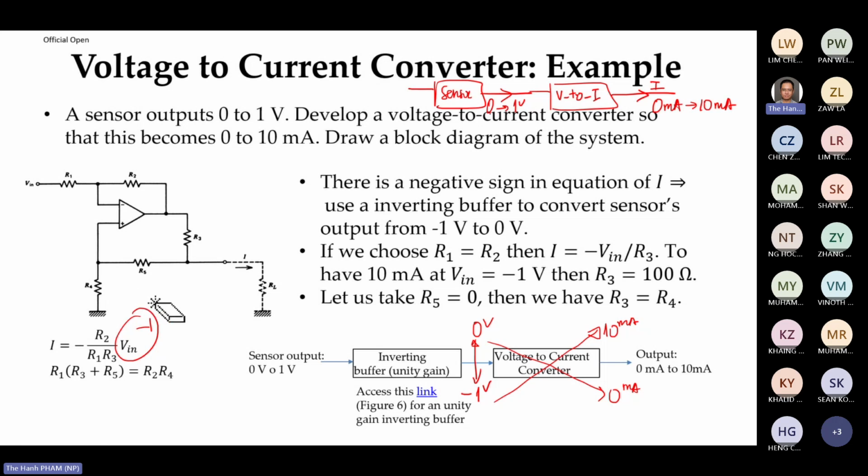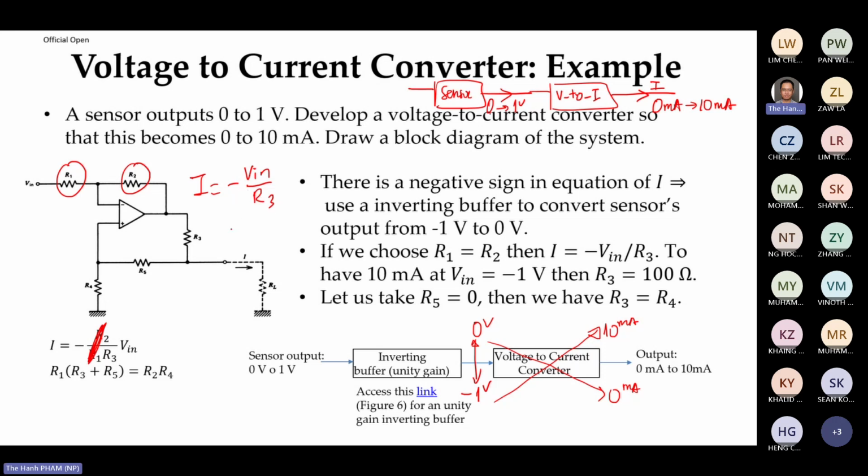The way you design is, for example, if you take R1 the same as R2, then your current I should be minus V in over R3, right?